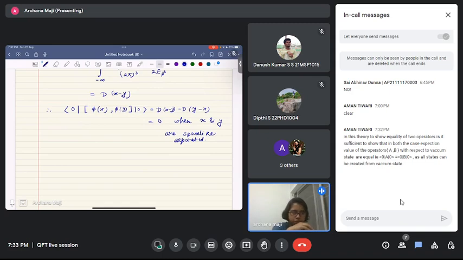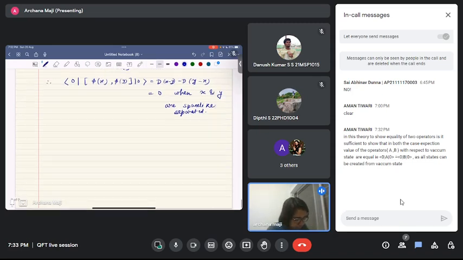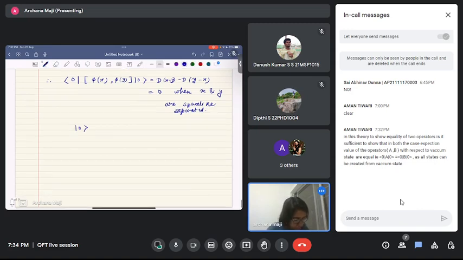Why would you show equality of two operators? Well, if you are getting A acting on the vacuum, I mean, let's say, okay, so A and B are two different operators, you are saying, right?